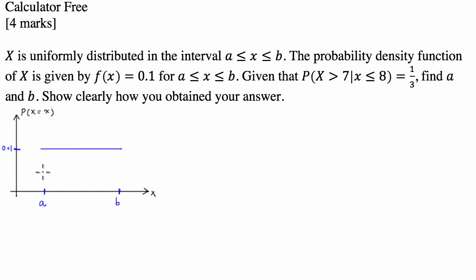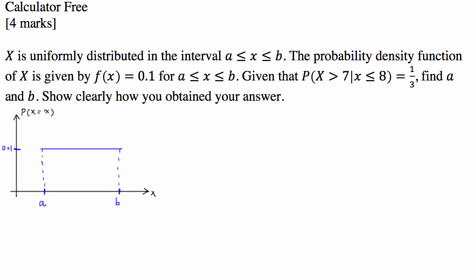Now, what we have is this distribution from a to b. Sorry about the quality of my lines, it's not that great. But here is what our distribution looks like in graphical form.